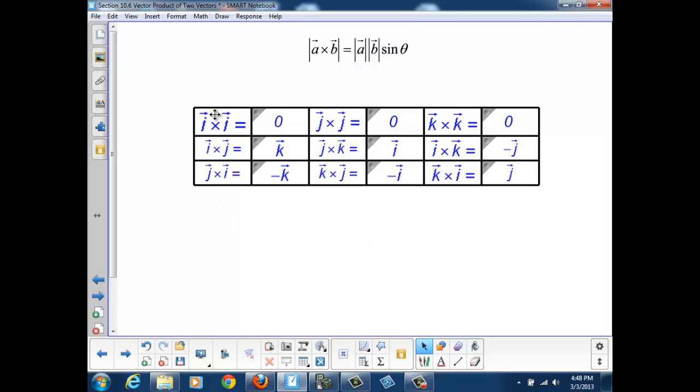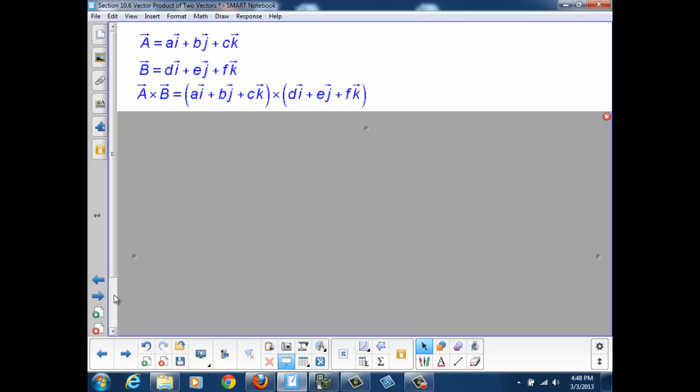Now that we know how each of these cross products will work out for our unit vectors along the axes, we can determine a formula for the cross product of any 2 vectors. Just follow along and you'll see what ultimately our cross product calculation should be.